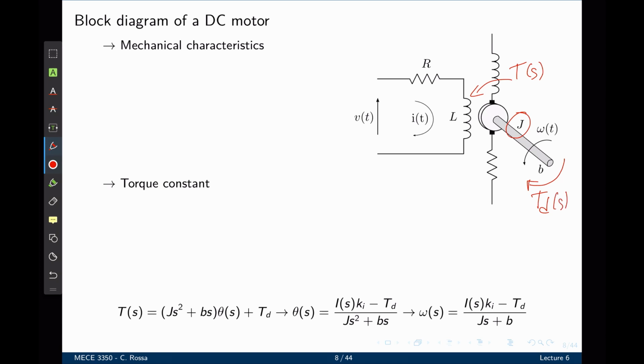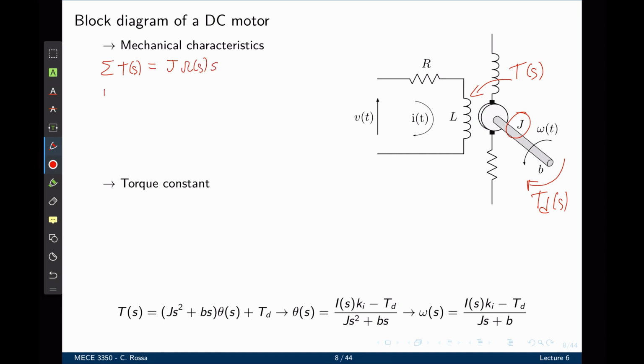This is a torque that comes from an external load that the motor drives. We can now do the sum of all torques acting on the motor, which is equal to the moment of inertia times the acceleration, which is equivalent to the derivative of speed.